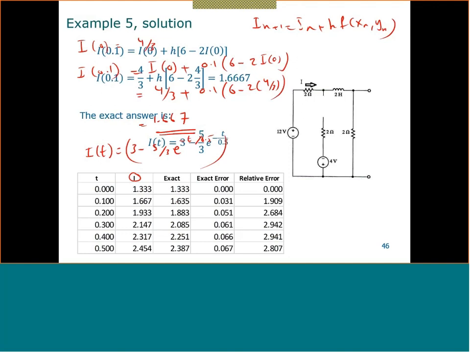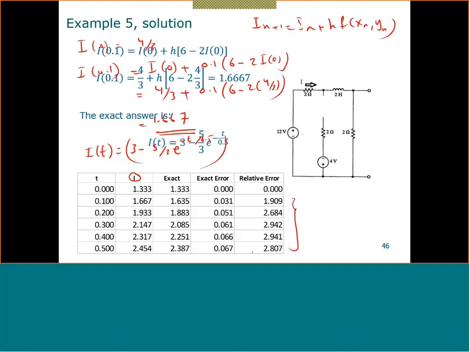Of course, the exact values are matching at t equal to 0 because this was the initial condition. This is a real value, I'm not doing any approximation yet. Then we see here the error goes from 1.909 to 2.807%, which is reasonable. Now.